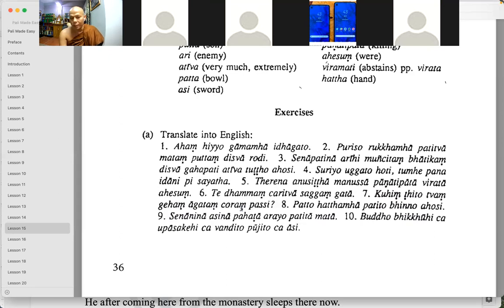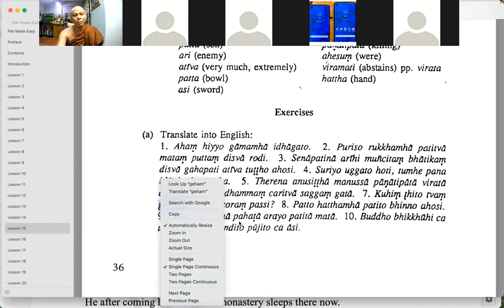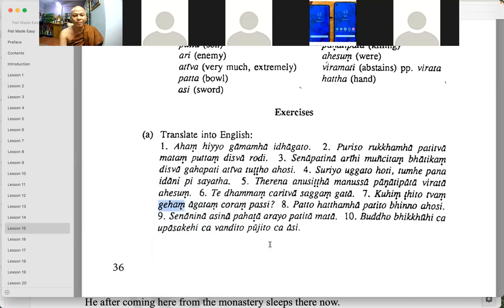Here passasi is the verb, and the object of passasi is coraṃ, so coraṃ is before passasi. Gehaṃ is also accusative case, but after gehaṃ you see āgataṃ. So gehaṃ is the object of āgataṃ, not of passasi. If gehaṃ were the object of passasi, it would be put immediately before passasi. Thank you, Bante.